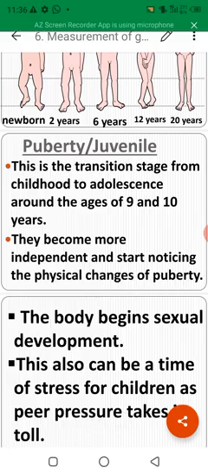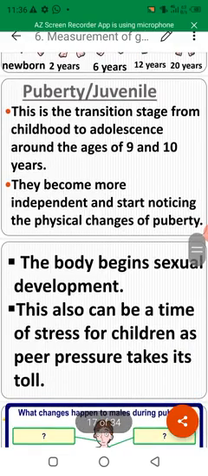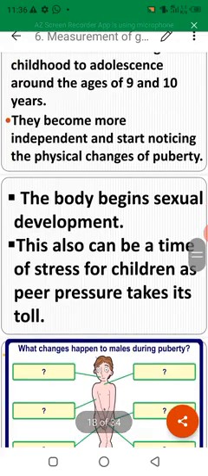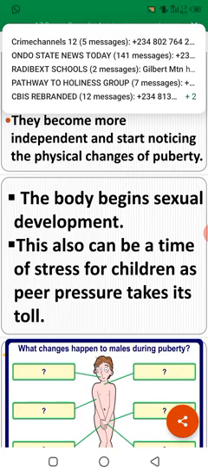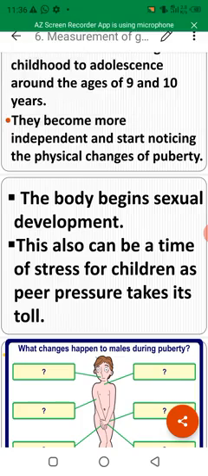Now we move on to puberty, or juvenile. This is the transition stage from childhood to adolescence. Around the age of 9 and 10 years, they become more independent and start noticing the physical changes of puberty. That is, at this stage, the body begins sexual development. This also can be a time of stress for children as peer pressure takes its toll.